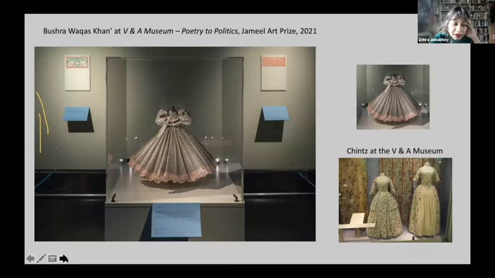Bushra, shall we press on a little bit? So I put an image here, your work, which is currently at the V&A. Bushra was selected for the Jameel Art Prize. She was one of the nominees. One of her dresses, as you can see, is hanging at the V&A as part of the Jameel Art Prize exhibition.